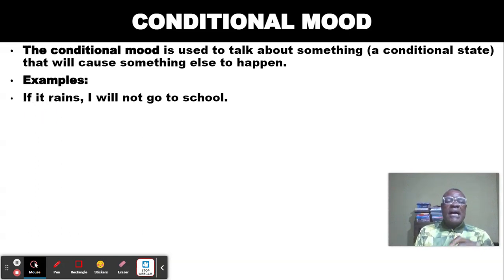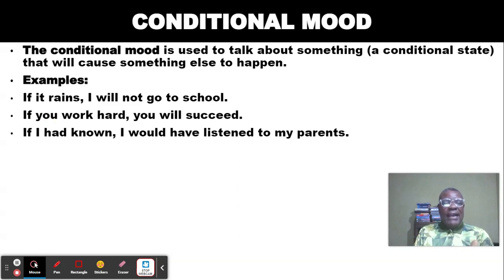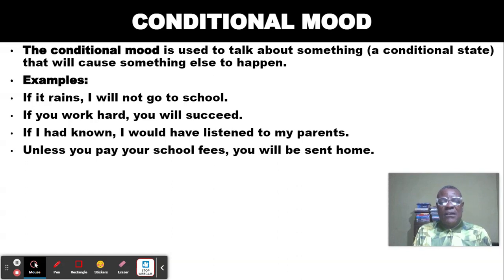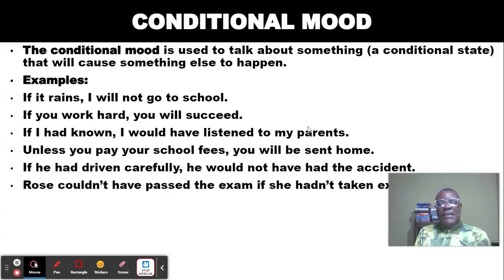If it rains, I will not go to school. If you work hard, you will succeed. If I had known, I would have listened to my parents. Unless you pay your school fees, you will be sent home. If he had driven carefully, he would not have had the accident. Okay?